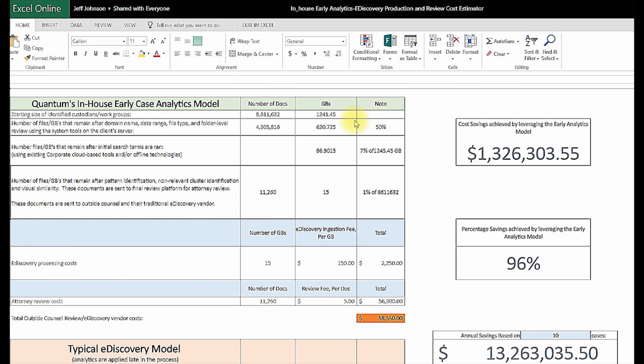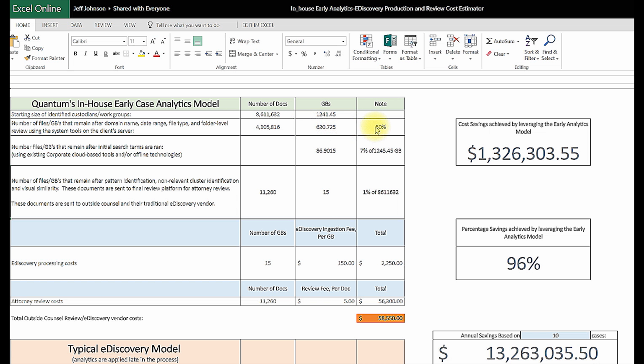In this case, which is an actual case, we started out with over 8 million documents, 1,200 gigabytes of data. We then did some basic culling on those files, culling by domain name, date range, file type, and of course for some of the documents we conducted a folder level review.